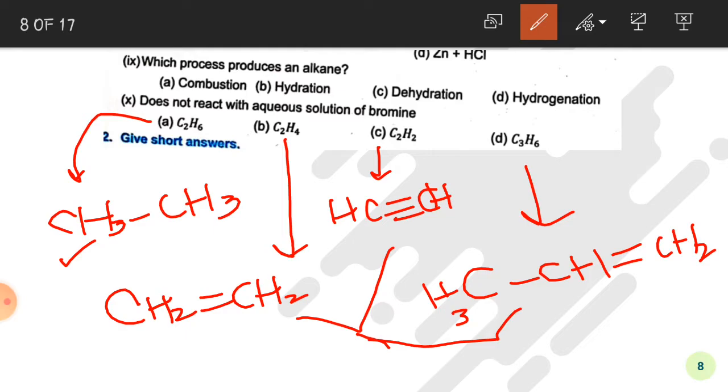So this ethane will react with bromine only in the presence of sunlight or UV. That reaction is also called halogenation of alkanes. But bromine will not get added to this chemical substance because no double bond is present. So the correct option for this MCQ is C2H6.